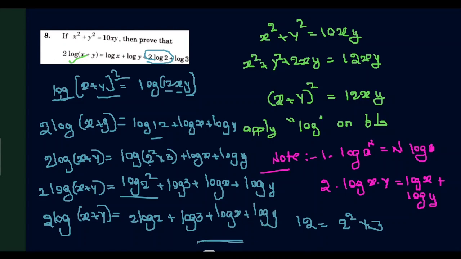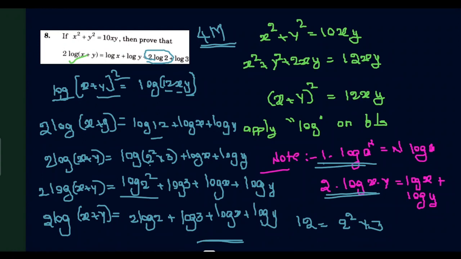That's it, this is the answer. For this you will get 4 marks. So this is how simple the log questions are, but to simplify that, you need to know these formulas and relations.